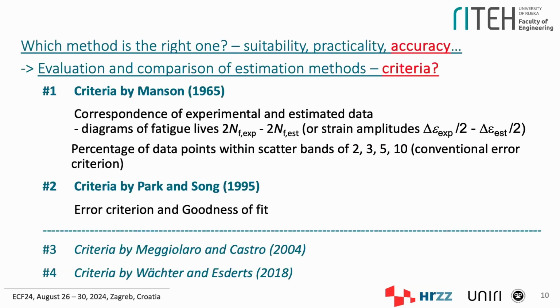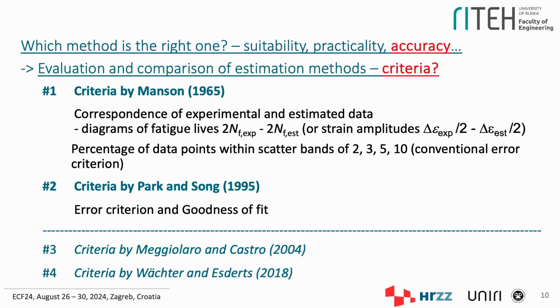Once we have narrowed down the methods that we would like to use, the next question is the accuracy of these particular methods. And this we have to judge by ourselves, estimate and see which method would be the ideal one for our particular case.